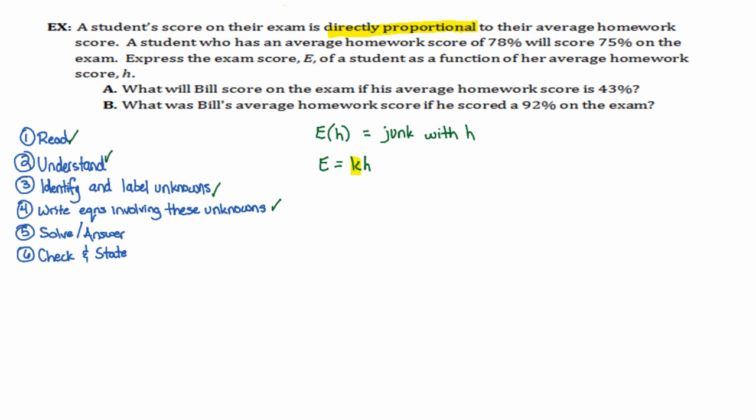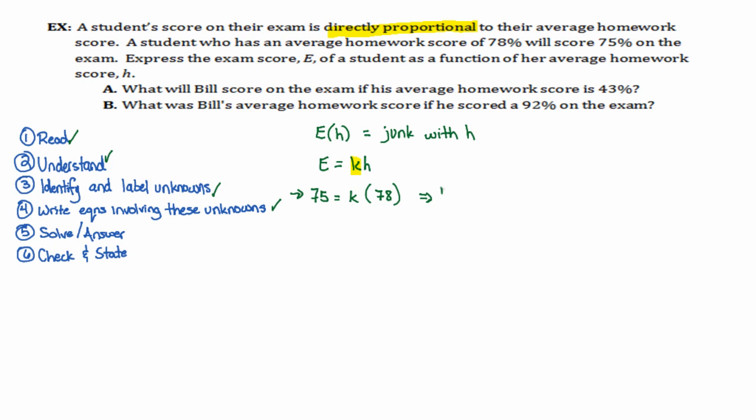We don't know that value of K, so they say to us that if they get a 75% on the exam, so E is equal to 75, then they'll get a 78% on the homework. H is 78. And now you see in this equation right here, we only have one unknown, and that is K. So I'll divide both sides by 78.